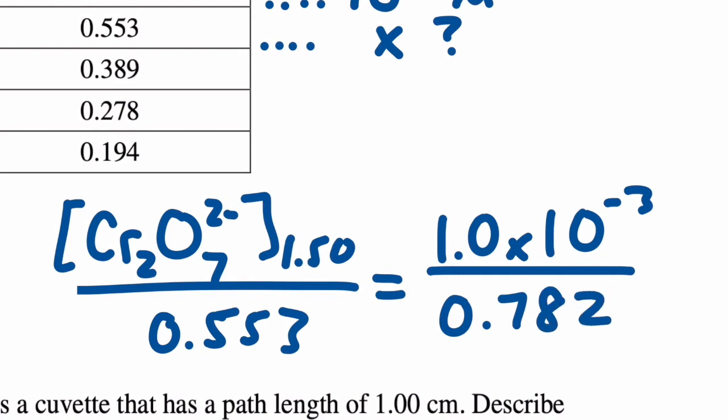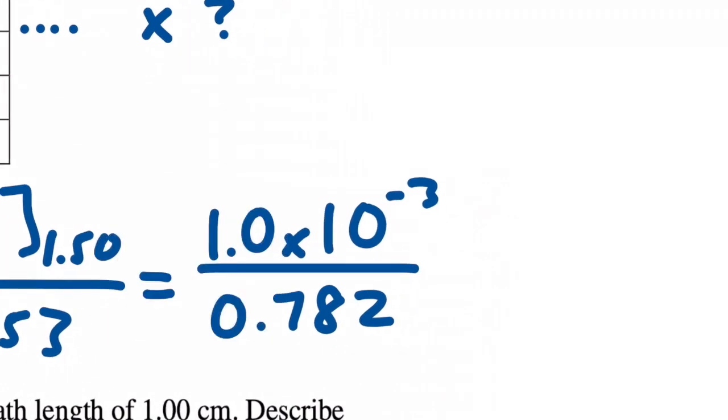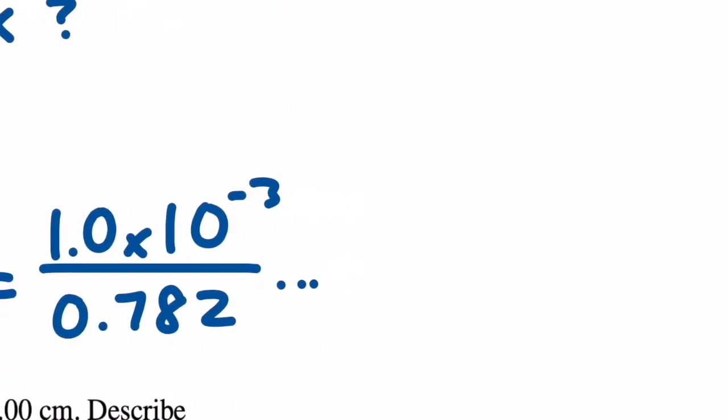So I'll just dig out a quick calculator, and you can take 10 to the negative 3 times 0.553 and divided by 0.782, and looks like the molarity ends up being 0.0007.